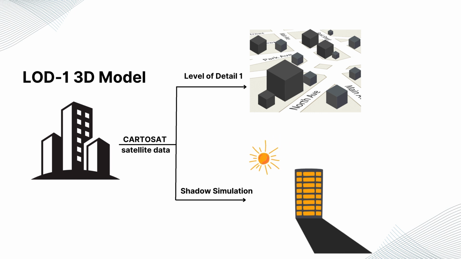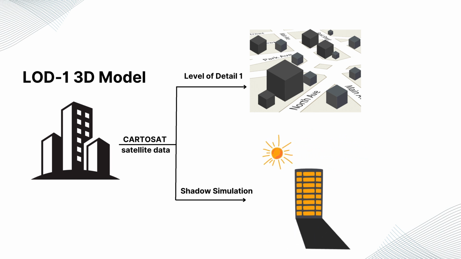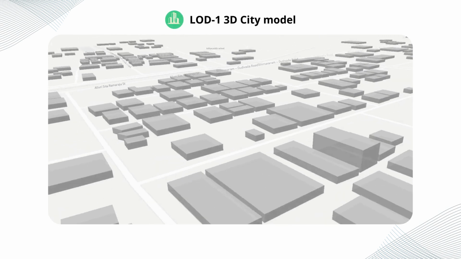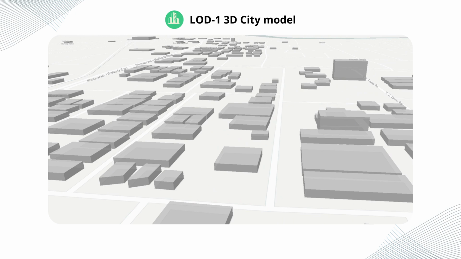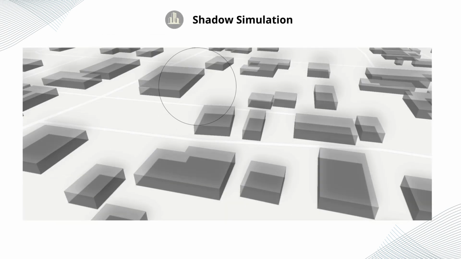Cartosat satellite data powers the generation of these 3D models, offering an acute depiction of solar energy falling on the city buildings on any given day. LOD-1 is a basic 3D block model of buildings capturing the essential urban layout, and shadow simulation is critical for understanding the impact of sunlight and shadows on energy capture.